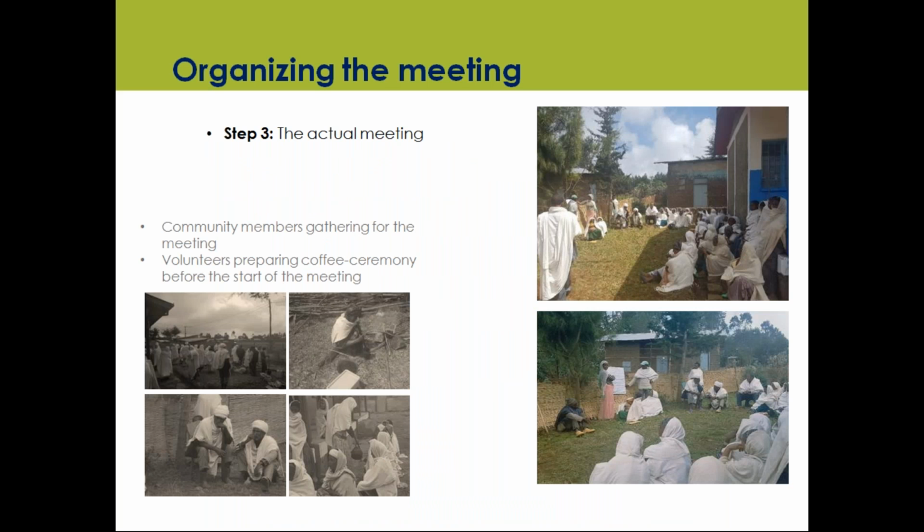And the third step is the actual meeting, and you can see that it's not taking place in a very fancy hotel or somewhere. It's just in front of the health post, on the field, and the members have come and gathered here. You can see on the left-hand side that the community members are coming and chatting, and a group of women also volunteered to prepare a coffee ceremony.